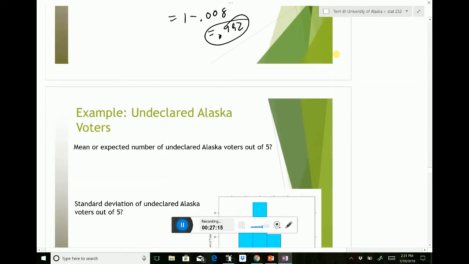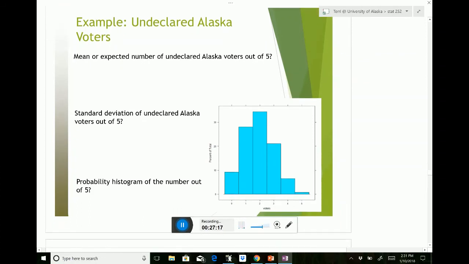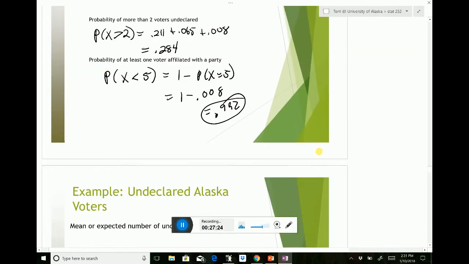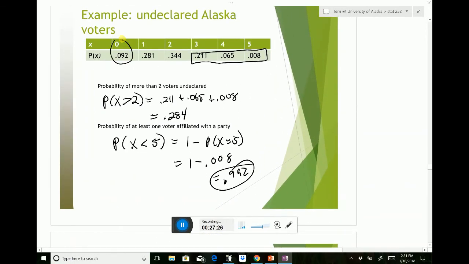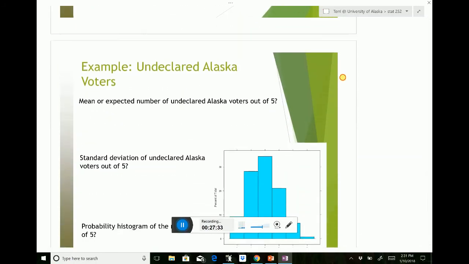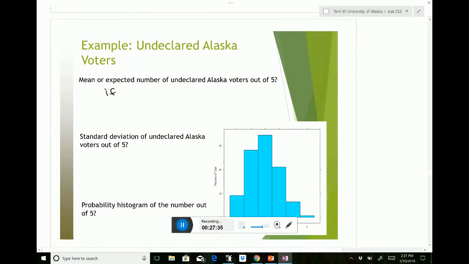Okay. So now we can find the mean or expected number of undeclared Alaska voters out of 5. Now we could sit here and multiply all these together. But if 38% of voters are undeclared, then how many would you expect to be out of 5? 38% of them, right?